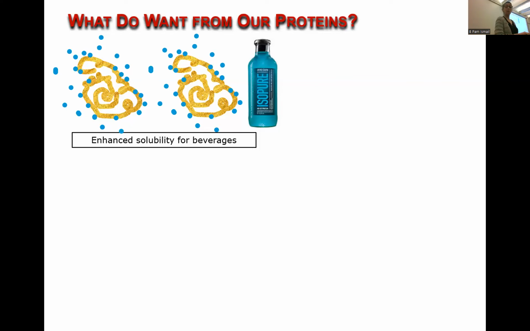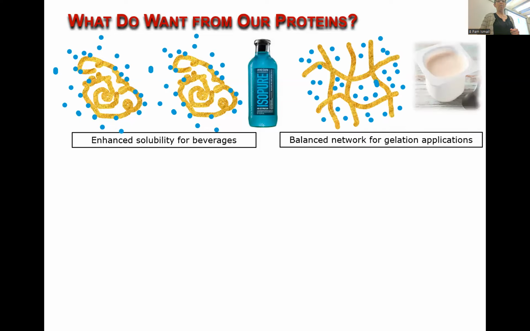We want them to be soluble, and not just soluble, clear beverage, which is impossible for our plant protein at pH 3.4 to be clear, like whey protein. We want them to form gels like plant-based yogurt. We want the protein to form a nice network, to hold water, not to have syneresis.